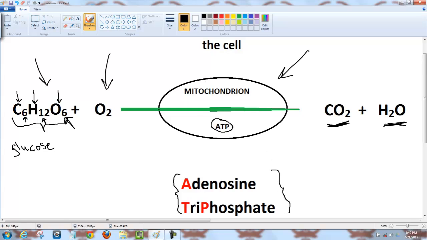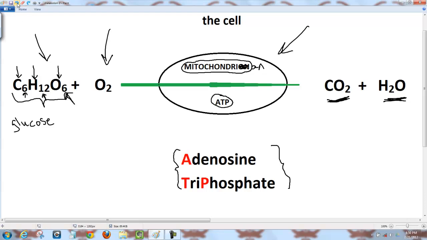This happens in an organelle that you may have heard of before, a very specific part of the cell called the mitochondrion, or if you have more than one, the mitochondria. So the glucose goes in, oxygen goes in, out come these things.